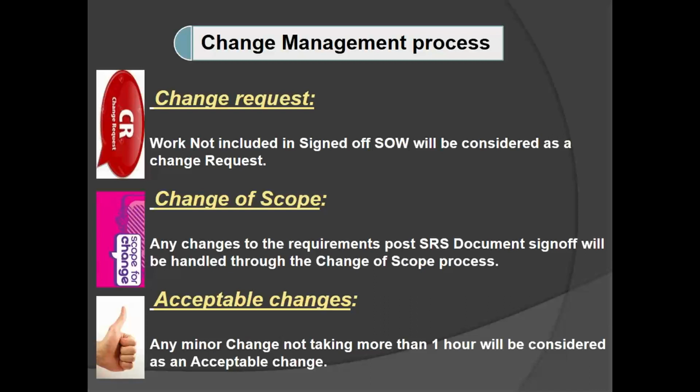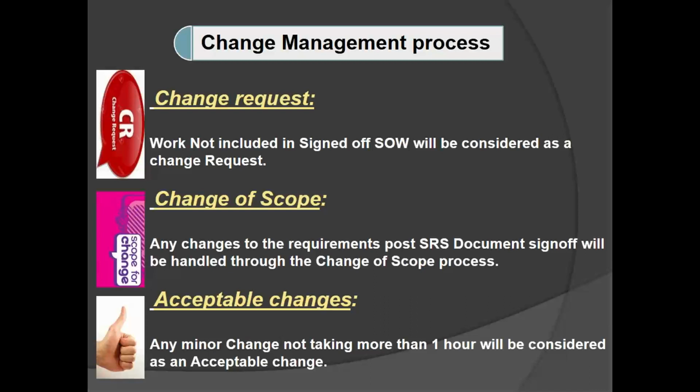Then the client is going to review, and if he finds that everything is okay, all requirements and functionalities are included, then he will give sign off on that SRS document. After giving sign off, if the next day the client comes and says that you have to make some changes to this particular requirement or functionality, then we will say the SRS document has already been signed off, you have to give a change of scope request.